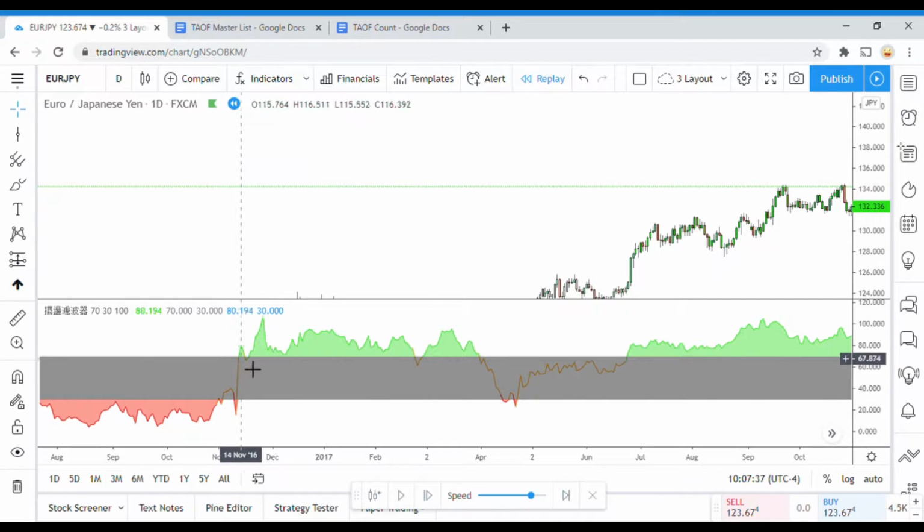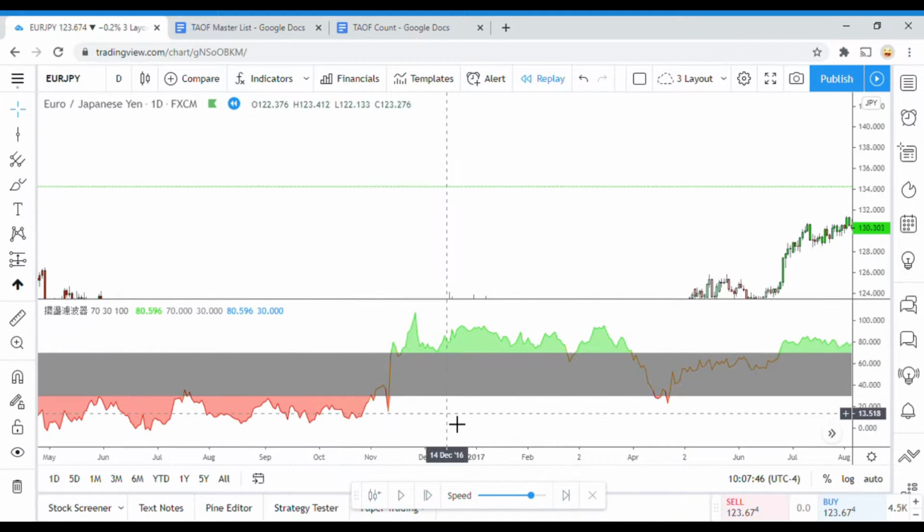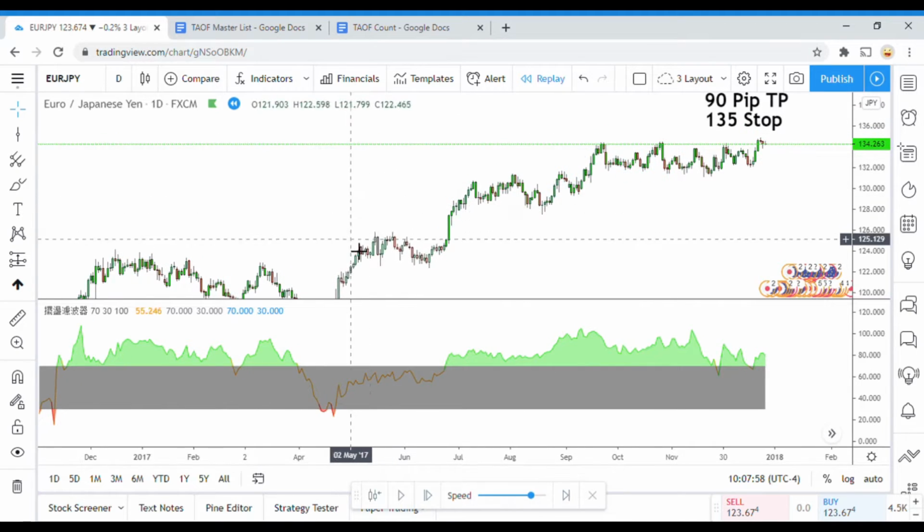That is an indication or a signal to go long, and when it crosses down below, that is a signal to go short. You can see where the top portion goes green, that's for long. When it goes red, that's for short. When it's in the middle in the chop zone, we don't do anything.